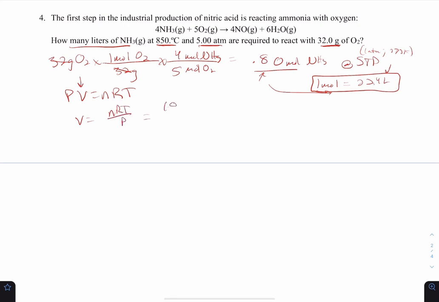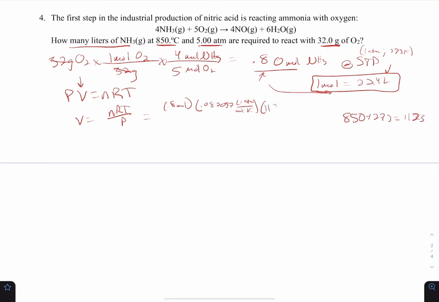Now I've got 0.8 moles of gas here. And then my R constant is 0.082057, and I'll put in all the parts of the unit here. My temperature has to be in Kelvin, right? So I've got to do 850 plus 273. That gets me 1123, sorry.